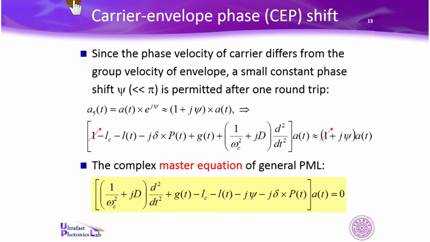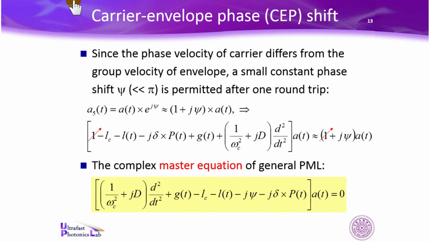And for general passive mode locking, it contains amplitude modulation as well as phase modulation as well as the CEP phase drift. Everything has been taken into account.